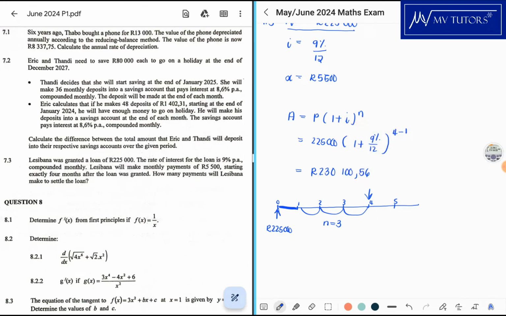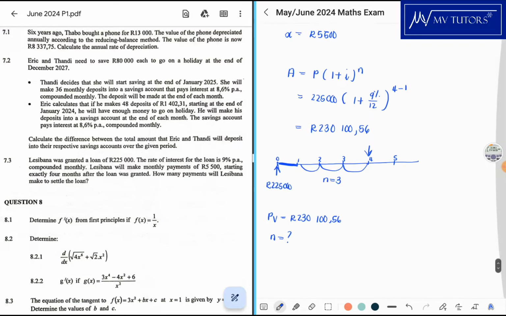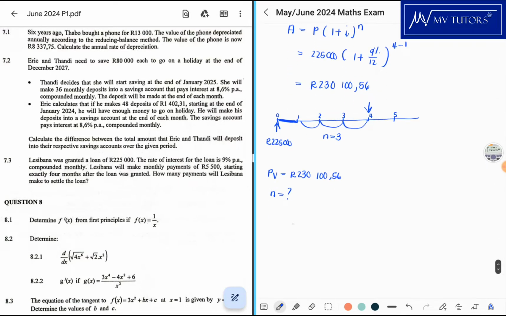So now our new present value is 230,100 Rand and 56 cents. What are we calculating again? How many payments? So basically we want to know the value of N. And because we're dealing with the loan, we're going to use the present value formula.